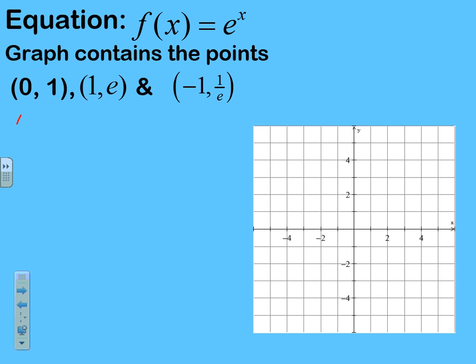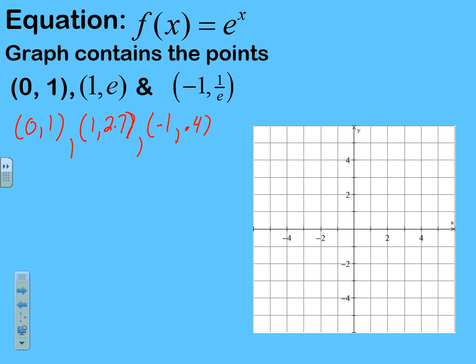So the way that we would look at this, as far as how are we going to plot our points: 0, 1, obviously, 1 and 2.7 to approximate e, and -1 and the reciprocal. If I say 1 divided by e, that gives me about 0.4.